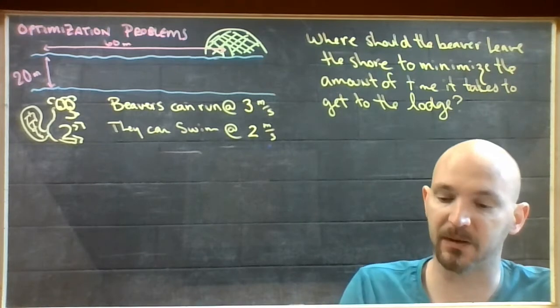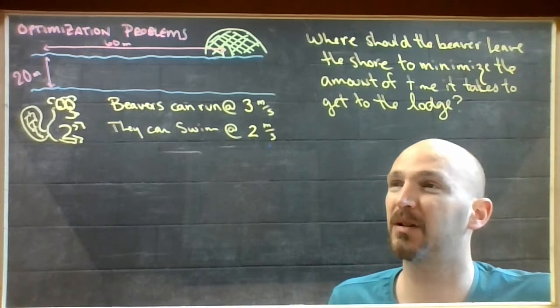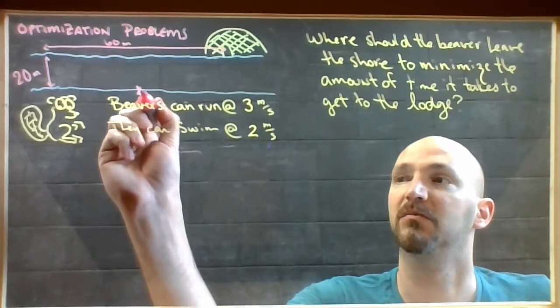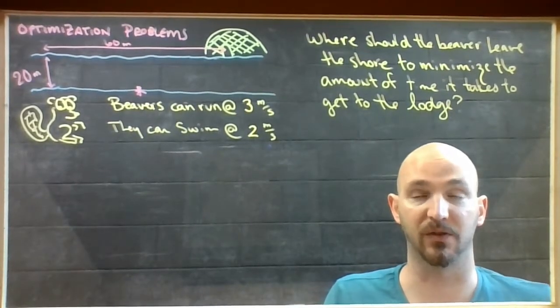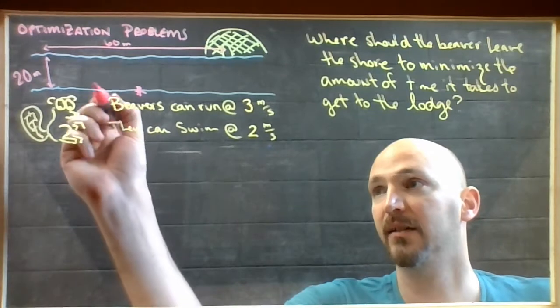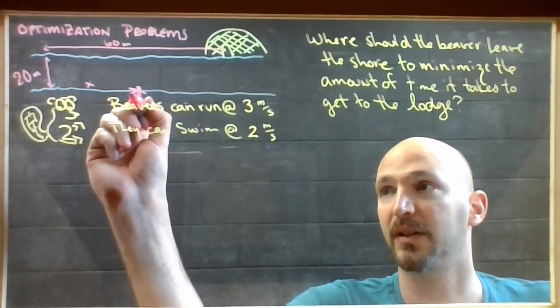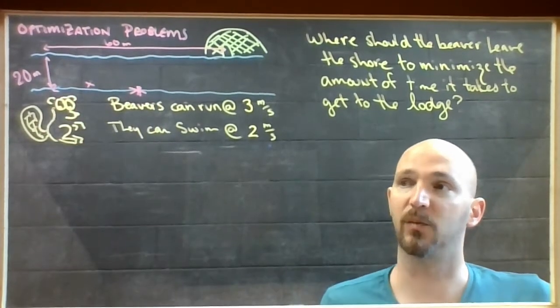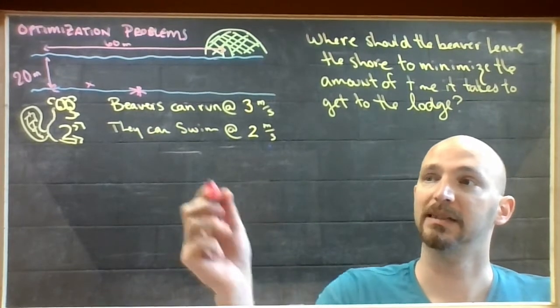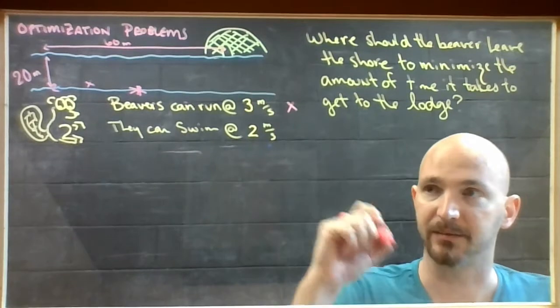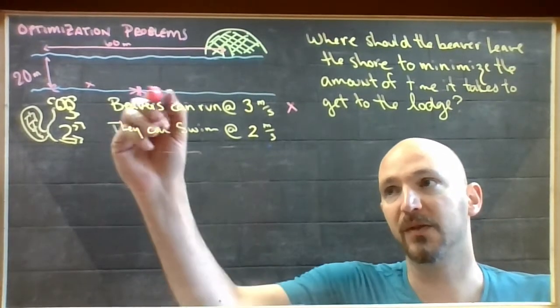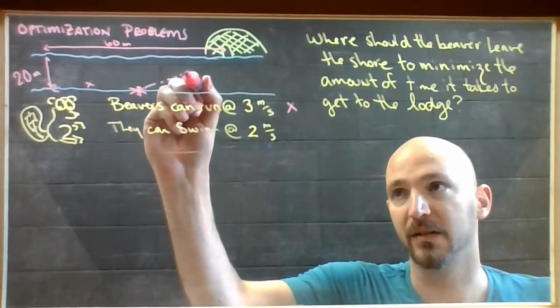So I'm going to pick a place on the shore, right about here. We're going to say that's where this beaver is going to depart the shore. So I'm going to give that a label. I'm going to call that X meters from where it started. So this beaver is going to run that far. The beaver is going to swim from here straight to the lodge.